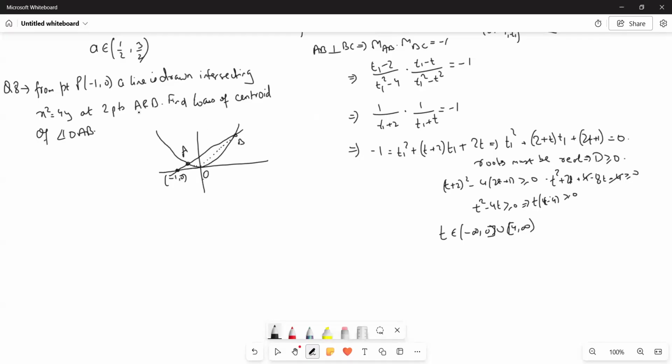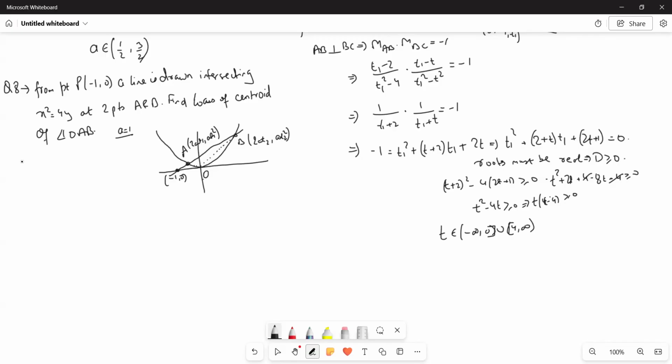Since A and B are points on the parabola, what will be the parametric form for A and B? (2at, at²). So this would be, let's suppose, (2at2, at2²) and this would be (2at1, at1²), where the value of a is 1, so you can plug that in later.